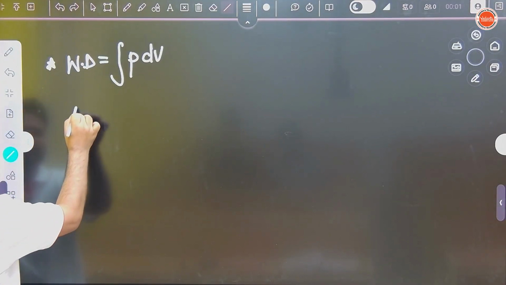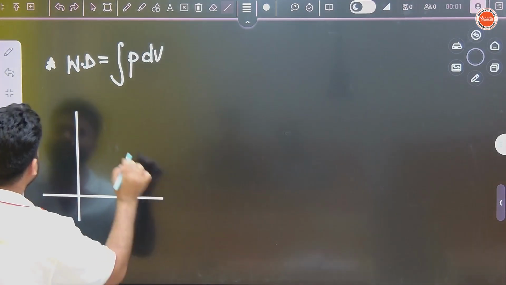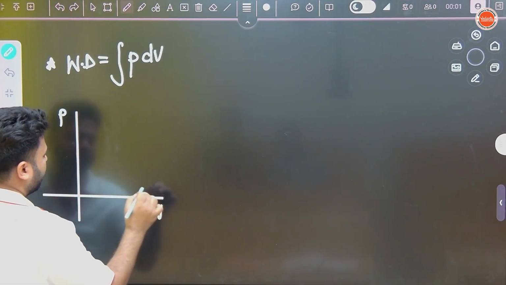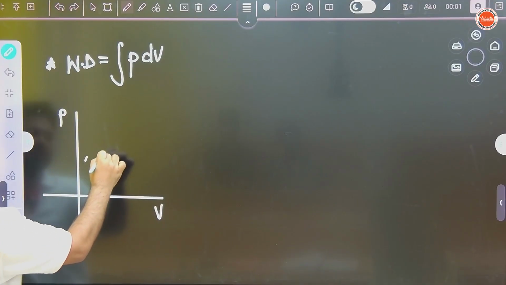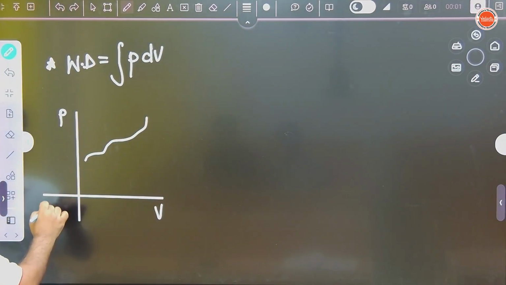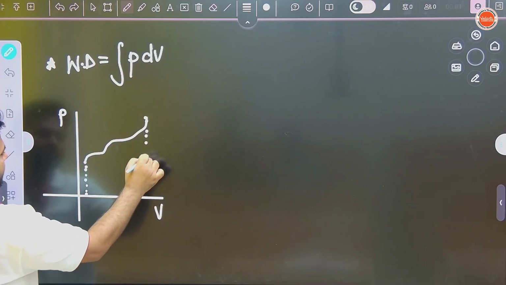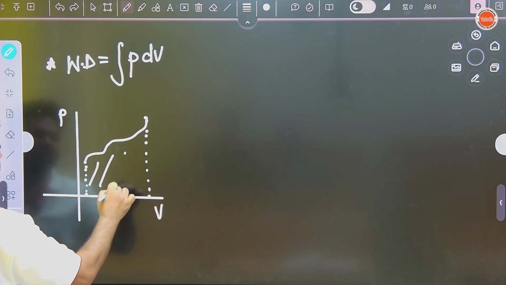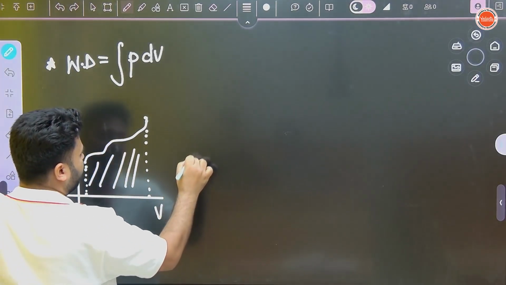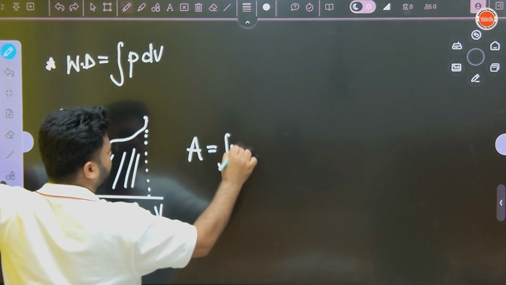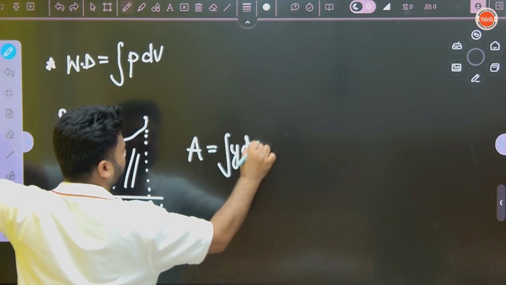Achha, if we have a PV graph, pressure versus volume graph, and there is any graph like this, what is the area under the graph? We know the general formula for area is integration of y dx.